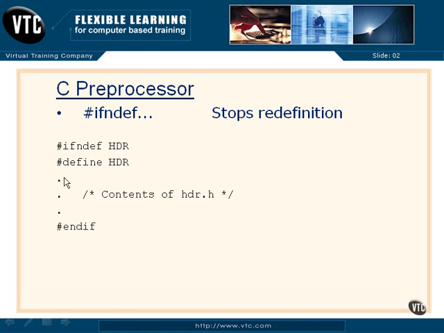If you make sure to wrap all of the statements of your header files like this, you can include the header file over and over and over again in all of your C source files, but it will only wind up being expanded once because the HDR value will be defined, or whatever your name is that you use in the header files. And it stops redefinition, and it helps the preprocessor move along and get the job done a little quicker.